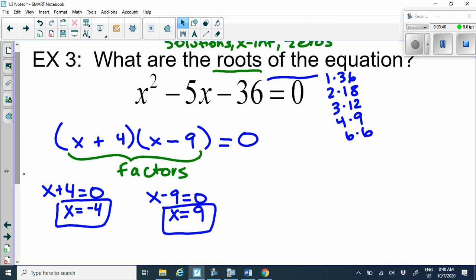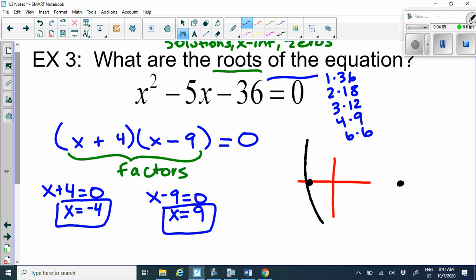So what does this mean if we were graphing? Well, first of all, if we look at x squared minus 5x minus 36, which way is this going to open, up or down? It's going to open up because notice that our a value is positive. Okay, so let's just say this is negative 4, and over here it's 9.